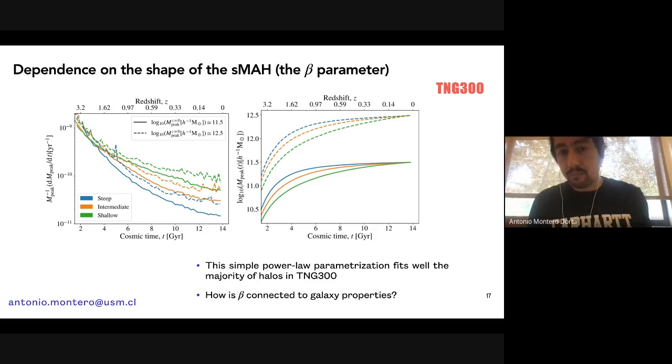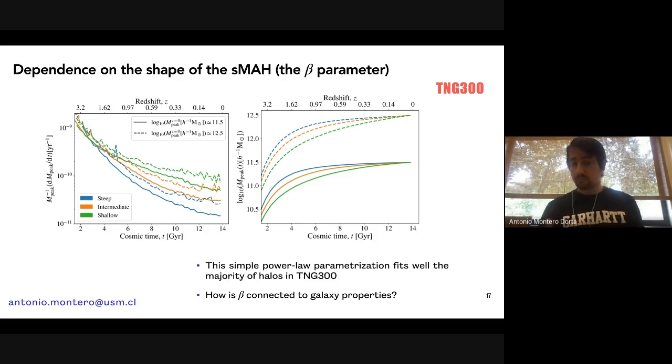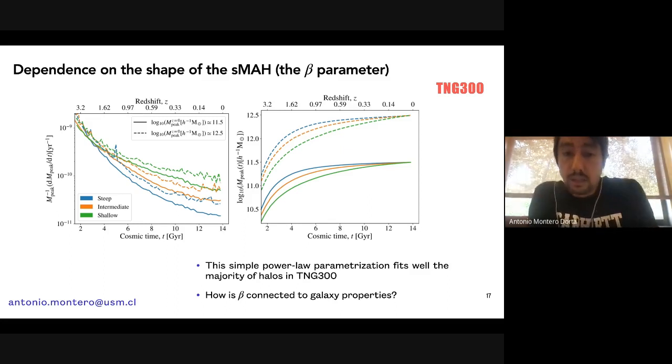What we found is that many halos in TNG 300 are well fitted by this parameterization of their mass accretion histories.